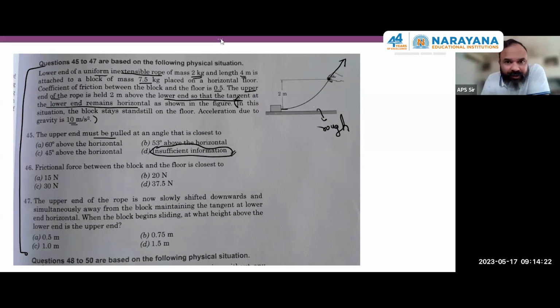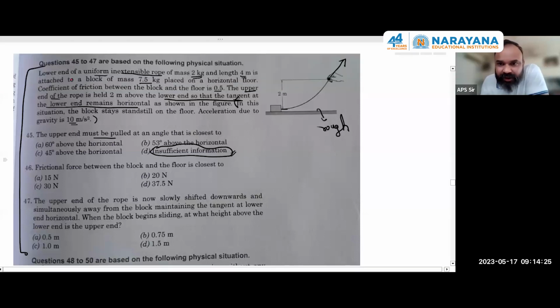Now, why I was taking this problem is, in such kind of problems, you should just think about a differential segment of the string. Just think about that. If you cut a differential segment anywhere on the string, you know that as you move up, the tension is changing. So if this segment is making an angle of theta, and the tension here is T, or you can say the tension here changes to T plus dT, whatever it is, I know that the vertical tension, T sin θ, is changing only because of the weight.